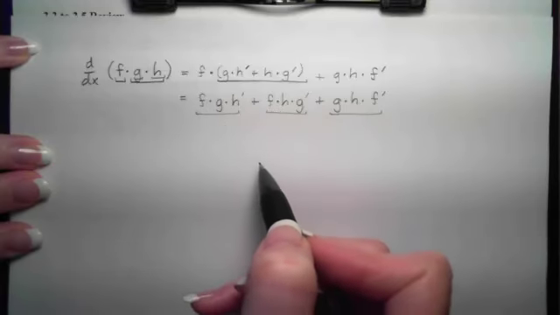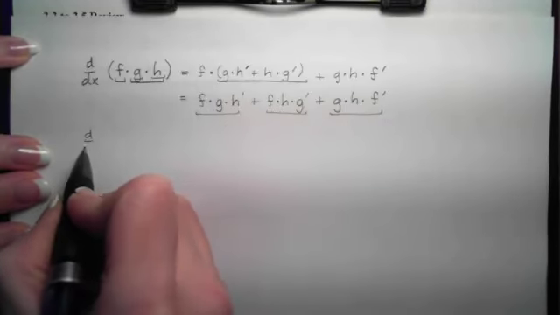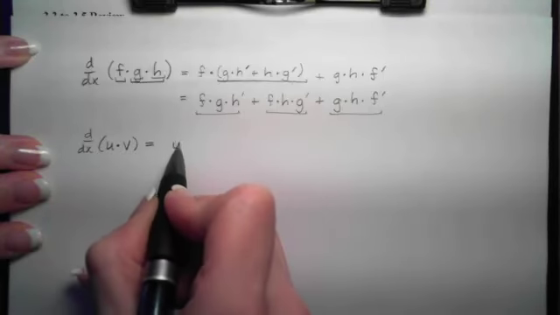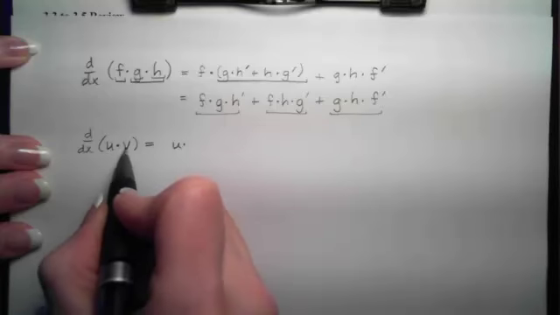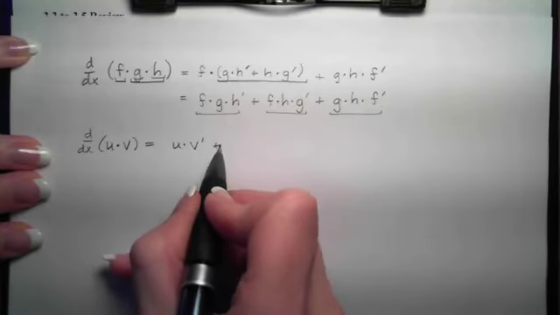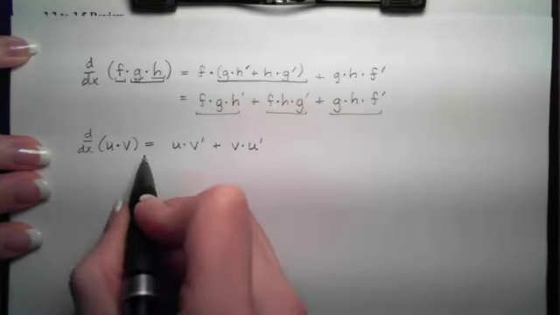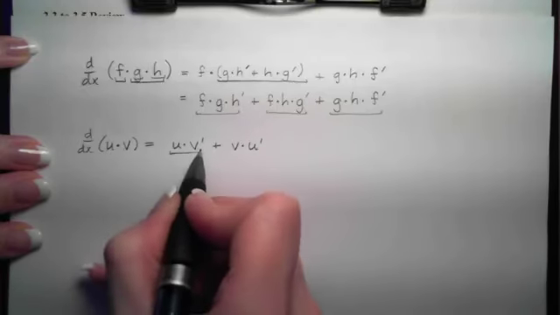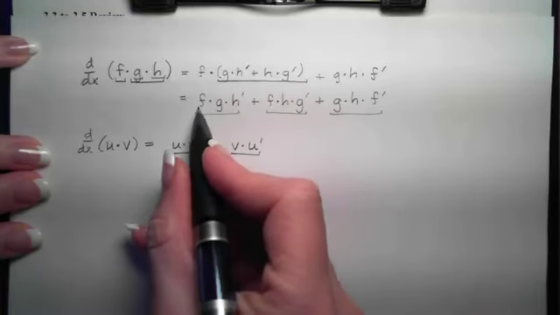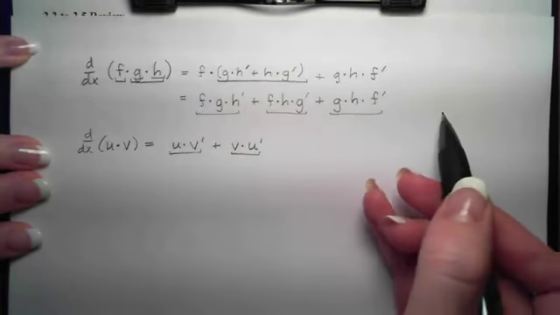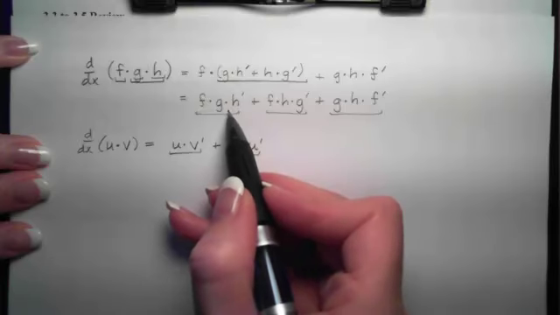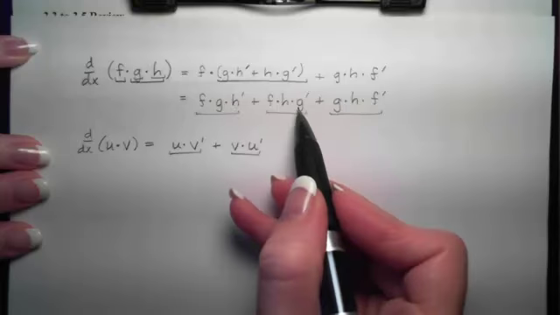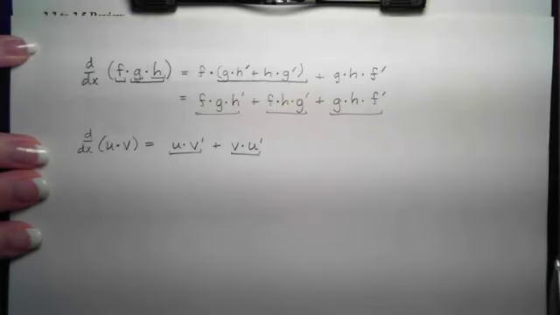So you can see how this is just an expanded version of our normal product rule, which has two factors, so you end up with two terms where one of these has a derivative and then the other one is left alone. So if I had four, I would end up with four terms. Three of the functions would be left alone, and the fourth one would have a derivative, and each of the four would get one term with the derivative.